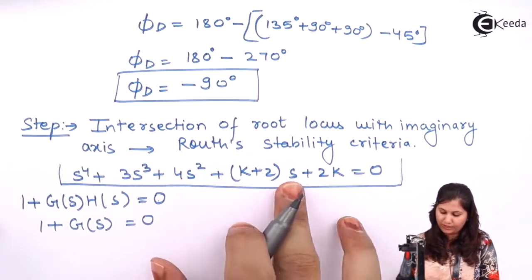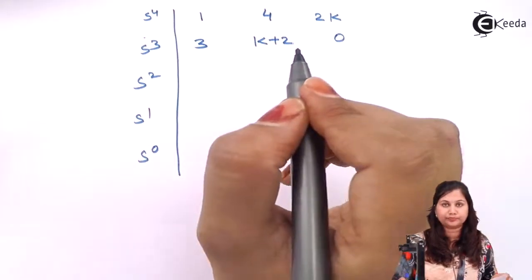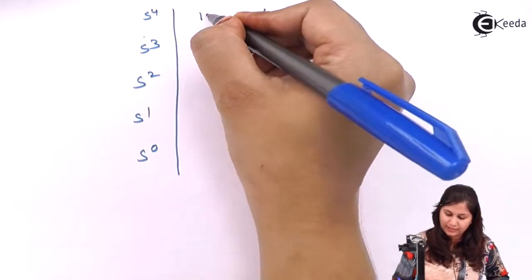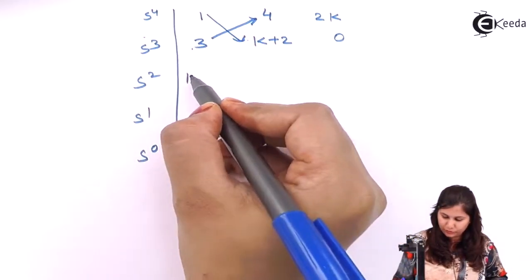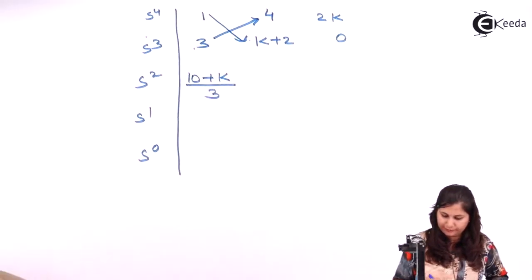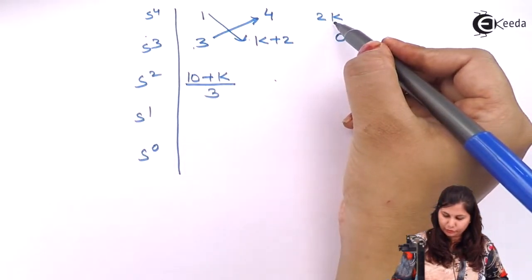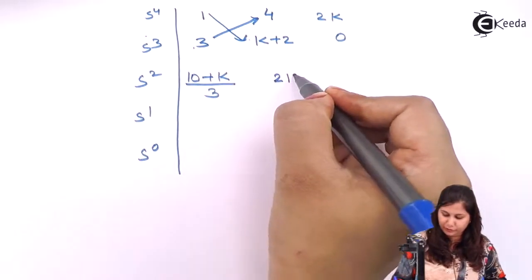S to the power 1 is k plus 2, and then 0. For this, multiply 4 with 3 and then 1 into (k plus 2) and divide by 3. So it will be (10 plus k) upon 3. For this coefficient, multiply 3 with 2k, 1 with 0 and divide by 3. So it will be 2k.